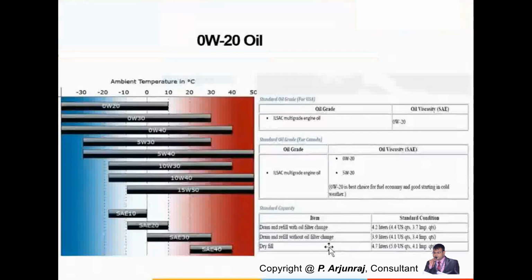some of the oil manufacturers like Total Oils and ExxonMobil, all these companies are telling that there will be savings of close to 100 rupees per liter. Basically, the oil is measured in terms of quantity.